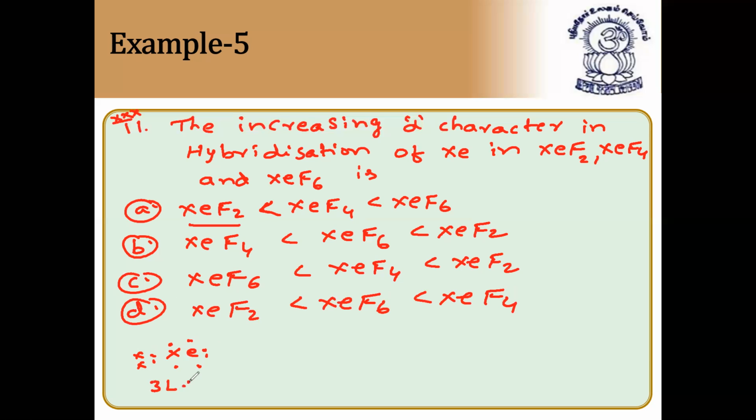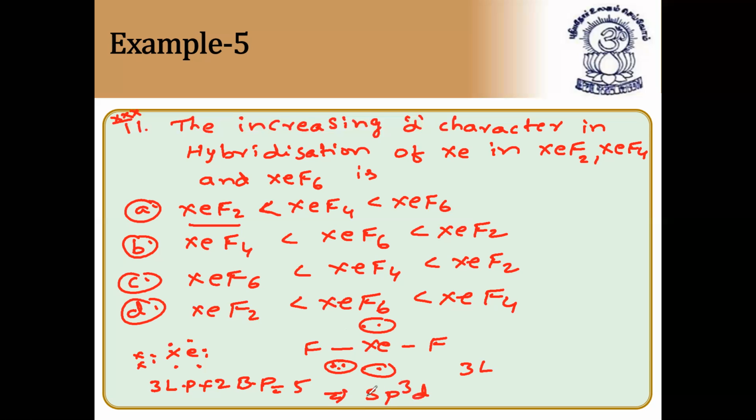Why? Because xenon has 8 electrons, two are used with fluorine, and the remaining six make 3 lone pairs. So 3 lone pairs plus 2 bond pairs means 5, which means sp3d. What is the option?